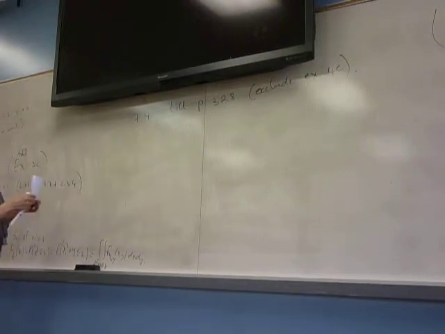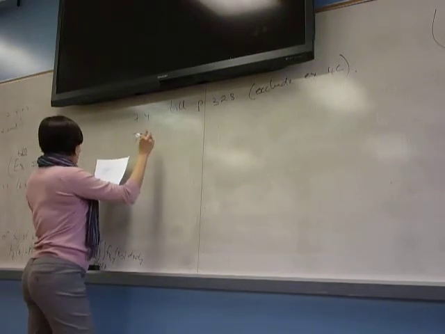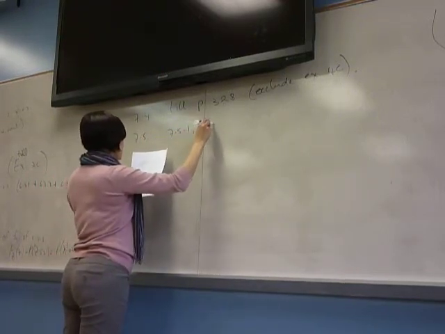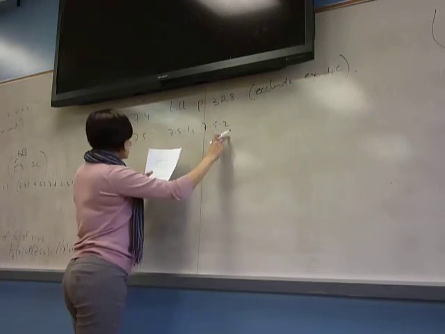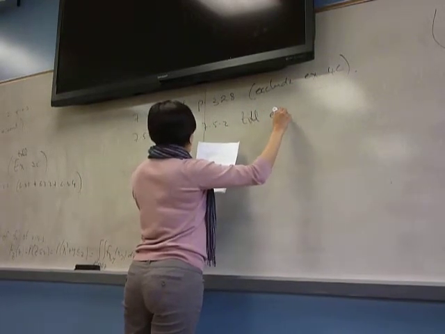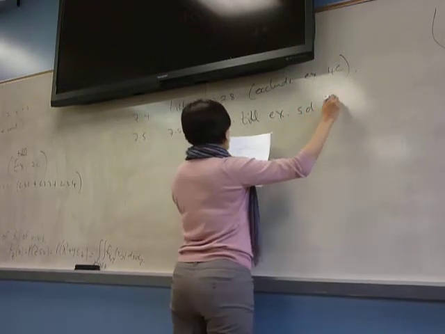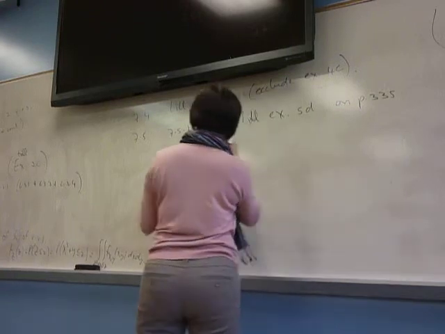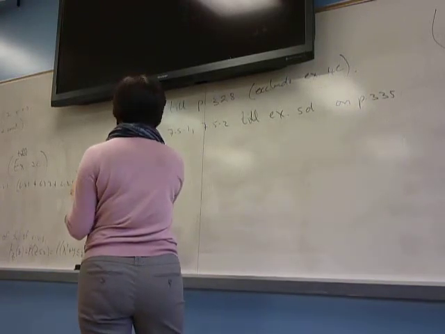Then 7.5, we have all of 7.5.1, 7.5.2 till example 5D on page 335. Nothing from 7.1 to 7.3.